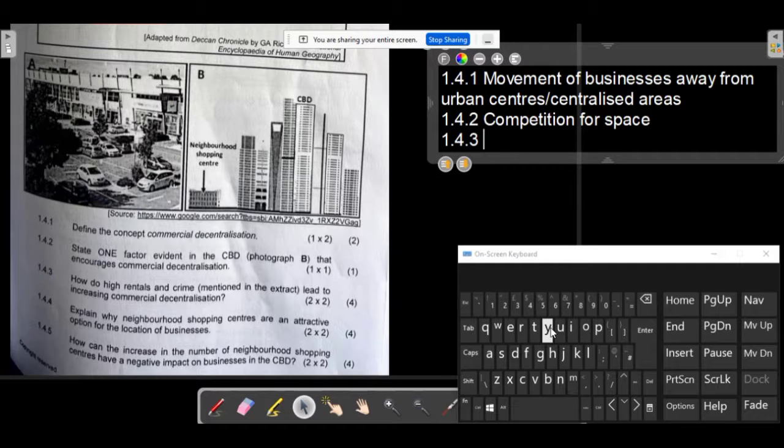Then 1.4.3 says, how do high rentals and crime mentioned in the extract lead to increasing commercial decentralization? Oh man, geography questions. Okay.